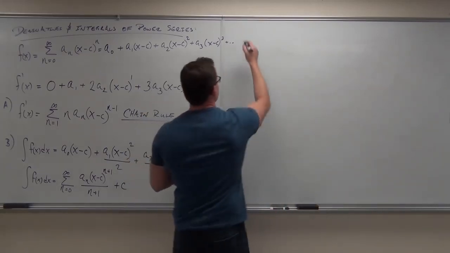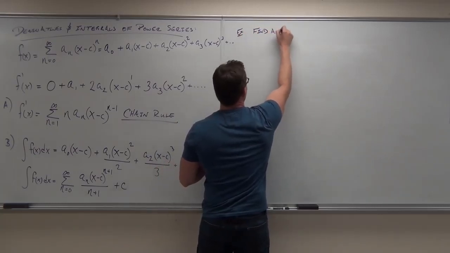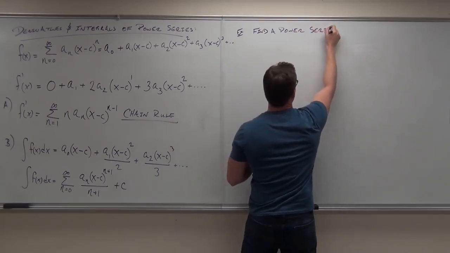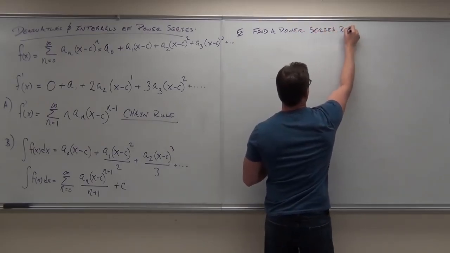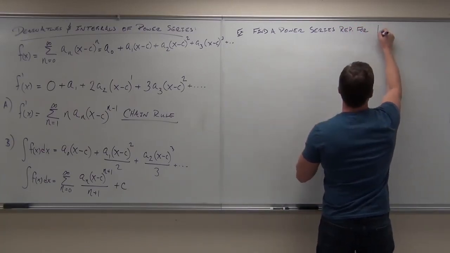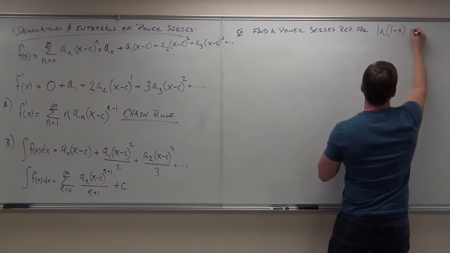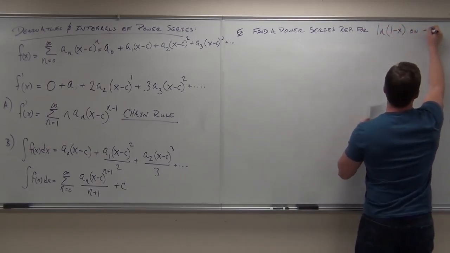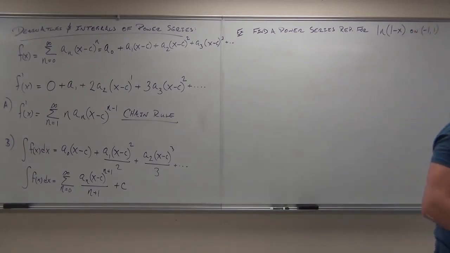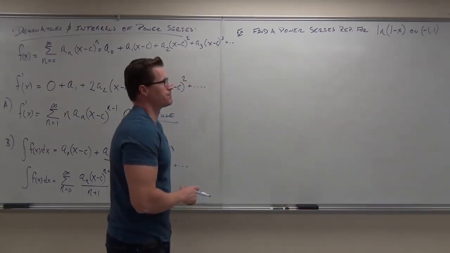I want to find a power series representation for ln of 1 minus x on the interval -1 to 1.